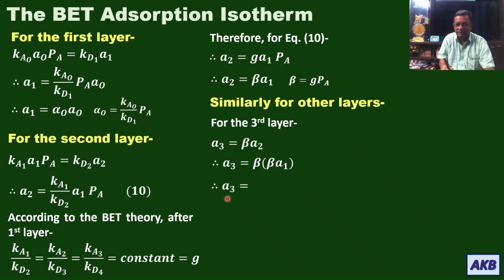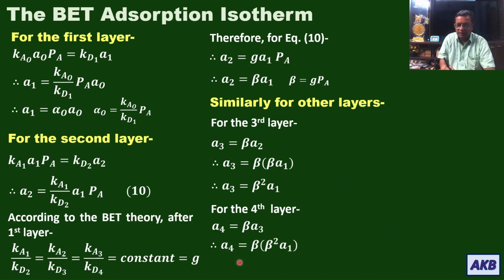So ultimately we get A3 as beta square into A1. Then for the fourth layer, A4 is equal to beta into A3, and I can replace A3 with this equation. So A4 is equal to beta into beta square into A1, that is A4 is equal to beta cube into A1.